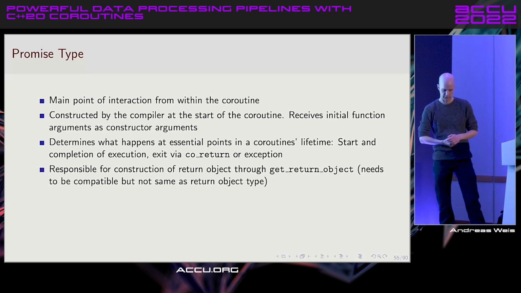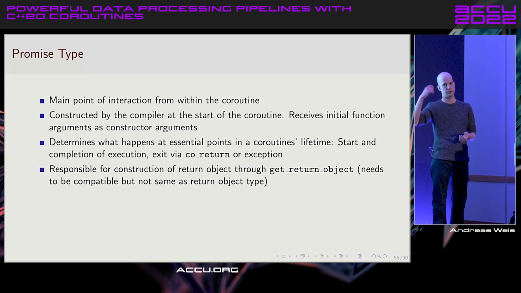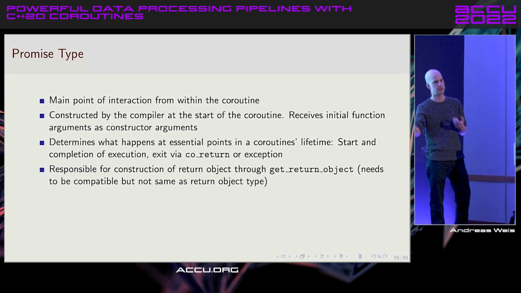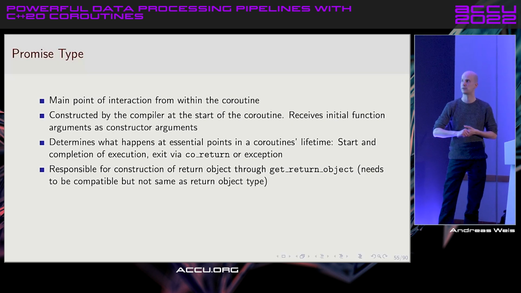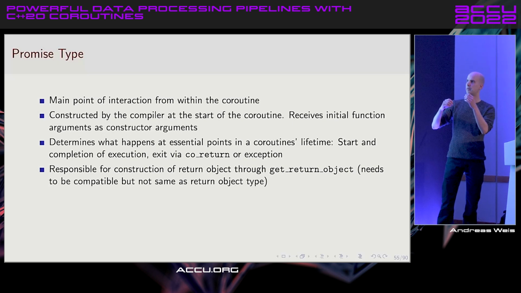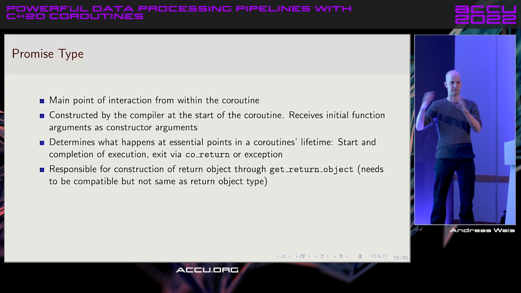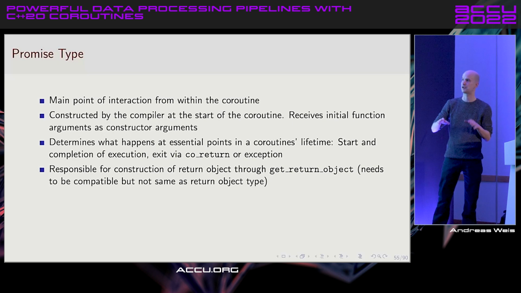The promise is also responsible for constructing the return object that gets returned to the caller. This is also a little bit confusing, because when you see the signature, you think, okay, it's clear, the return object is the return value, but you're not getting to the return in the call. You're probably hitting a suspend on the call, so you won't get to a return until much later.